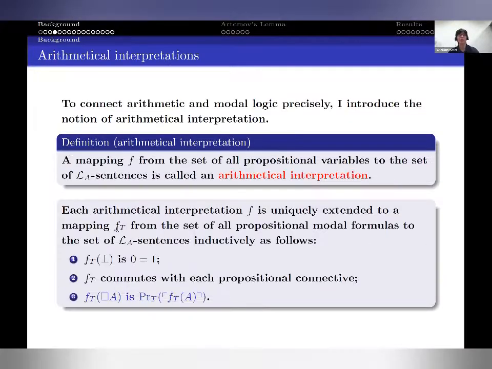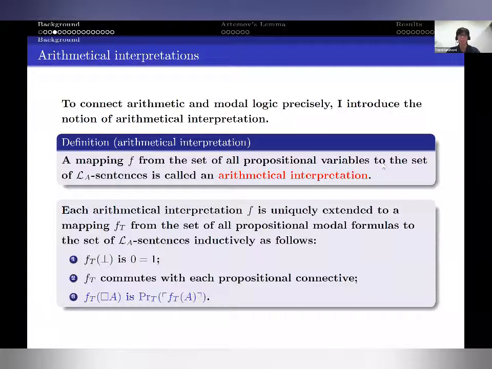So to connect arithmetic and modal logic precisely, I introduced the notion of arithmetical interpretation. A mapping F from the set of all propositional variables to the set of sentences of arithmetic is called an arithmetical interpretation.